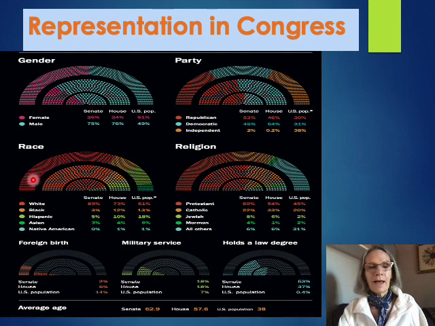Here is race. About 61% of the US population is white, and 39% of the US population is non-white.